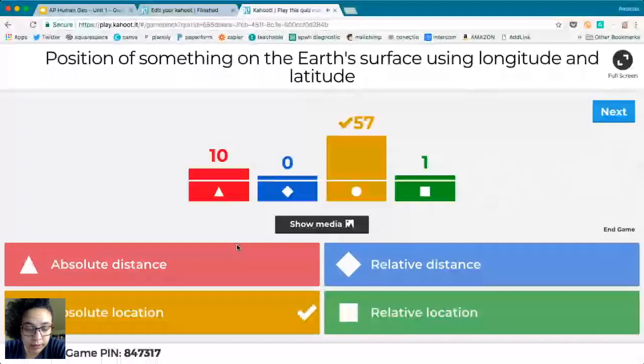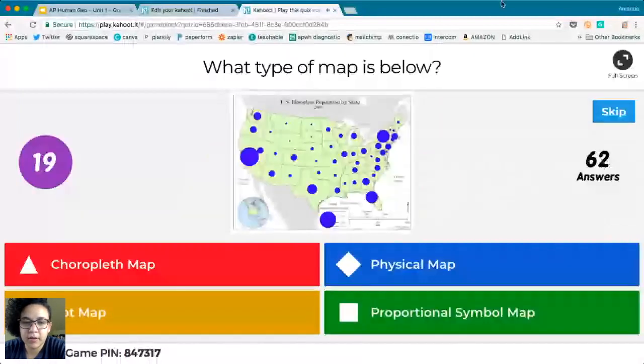All right, what type of map is this? Not too much lag. That's not bad. Too much time though. Ooh, okay, so it looks like we got confused.